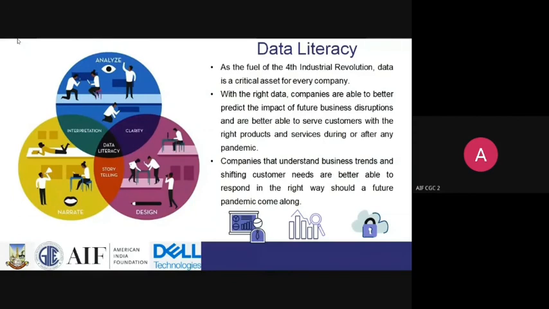Now, the next point is data literacy. Data literacy is a very important skill set that currently everyone in a workplace should have. So, what exactly is data literacy? As you can see in this diagram on the screen, data literacy consists of a few important chains of things that you need to go through. First of all, you should be able to analyze data. You need to gain clarity on the data that you have. Then you should be able to make use of it.